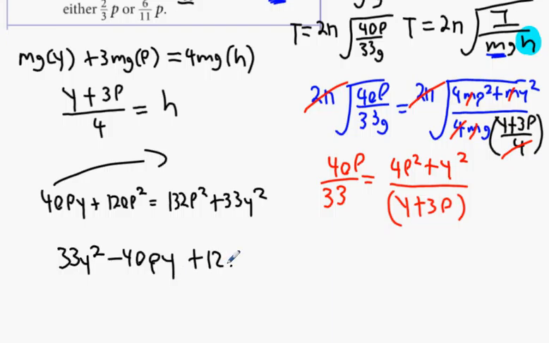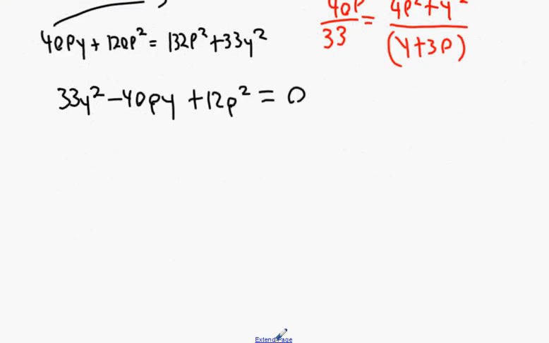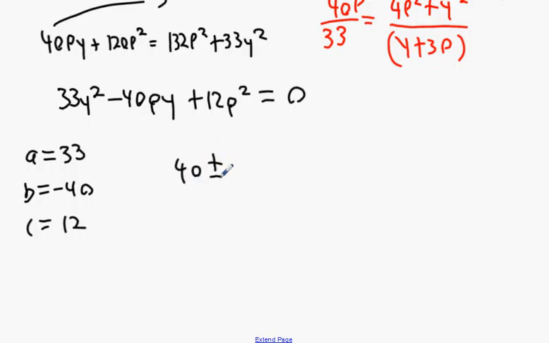Now, they just factorize it right away like it's nothing, but realistically it's a minus b, isn't it? So a equals 33, b equals minus 40, c equals 12, minus b formula 40 plus or minus, wait a minute, I need p in my answer.